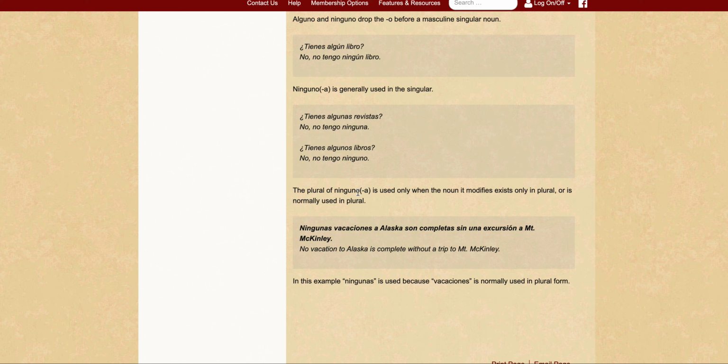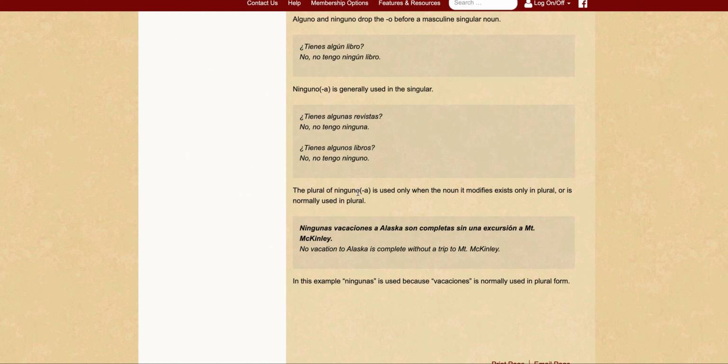And what I say is the plural form, which is ningunas and ningunos, is used only when a noun it modifies exists only in the plural, or is normally used in the plural form. So it means that noun doesn't necessarily have a singular form. For instance, vacaciones, in Spanish, I don't think you have a singular form for that.